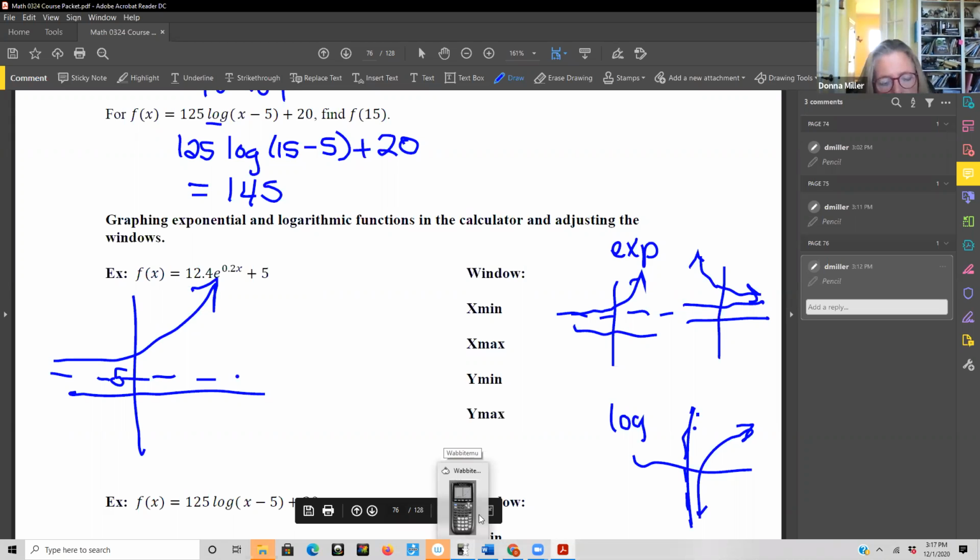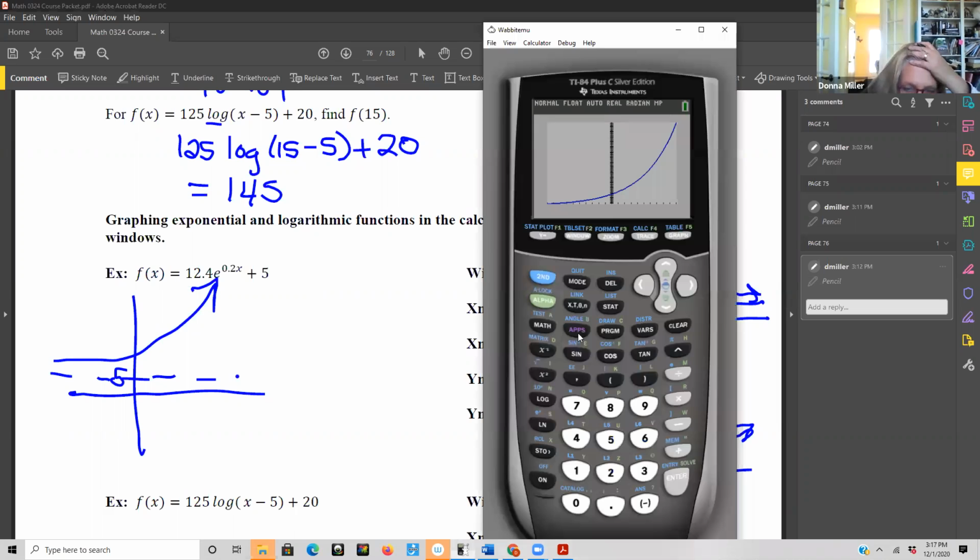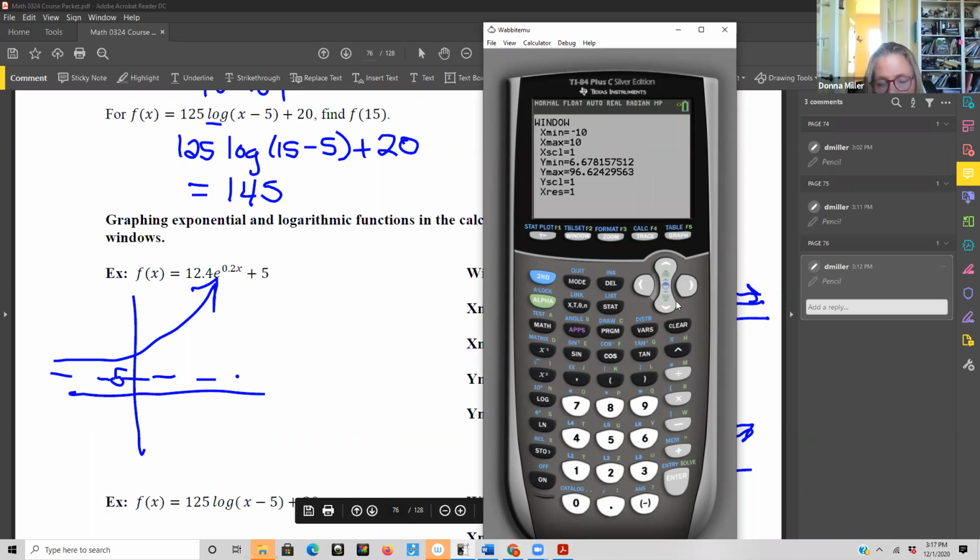All right. So the window that I'm using, that's a good window. Let me go to my window. All right, I'm going to fix the X's. Fix the Y's. I'm going to let Y min be 0 and let Y max be 100 just to make them nice and pretty. All right, and so I have a pretty nice graph there.